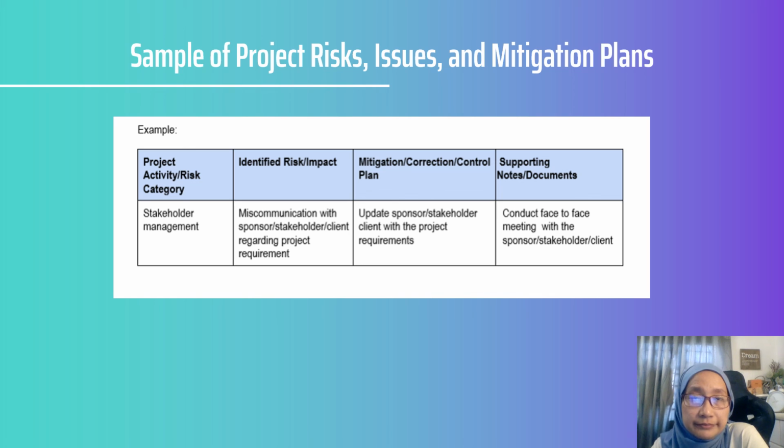Let's say you are having a communication problem, miscommunication with your team members. So you have to put the details of the risk, and then how you solved it, and whether there are any supporting documents, or maybe you need an external party, or your supervisor to solve it. Or maybe you need me as your advisor to solve it, just in case. So you have to list it down in this table, and we are going to compile this table and put it into your final report.